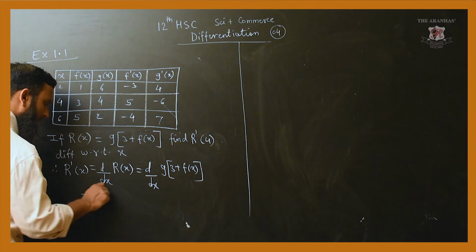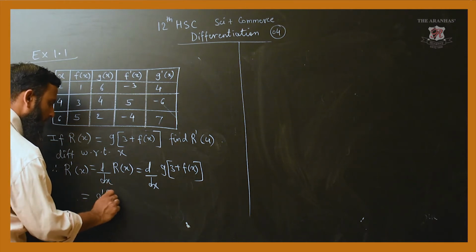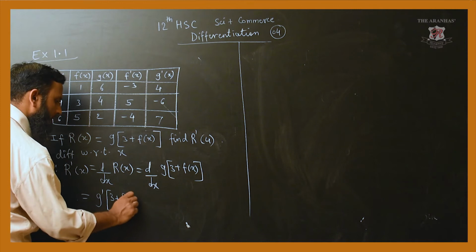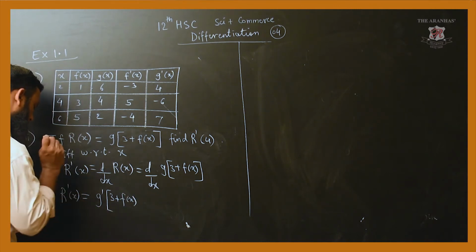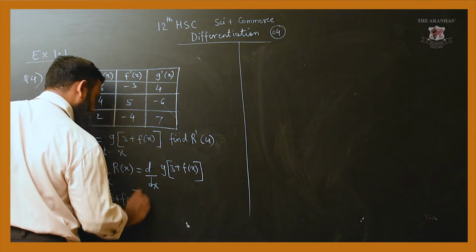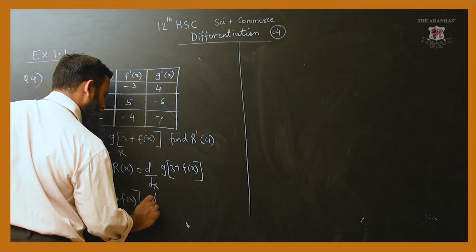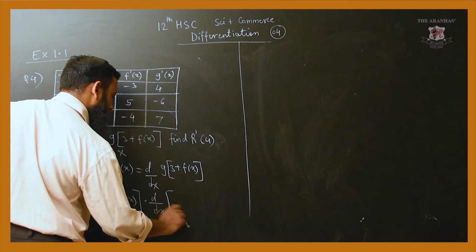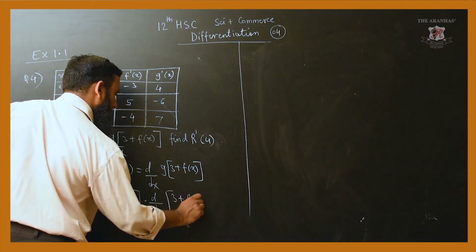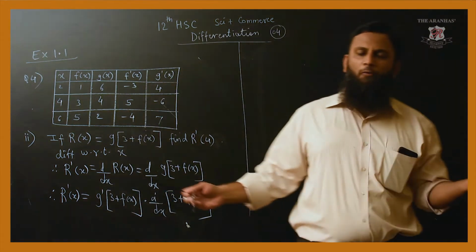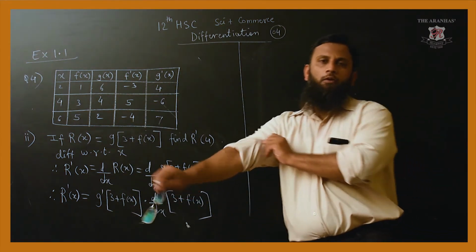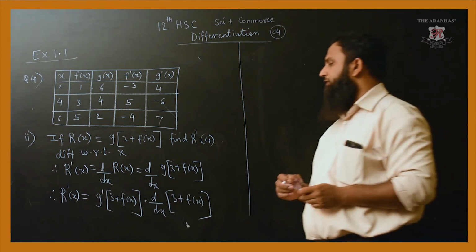So it will be g dash of 3 plus f of x into d by dx of 3 plus f of x. Now all of you are aware the derivative of 3 is 0 and the derivative of f of x is f dash of x.